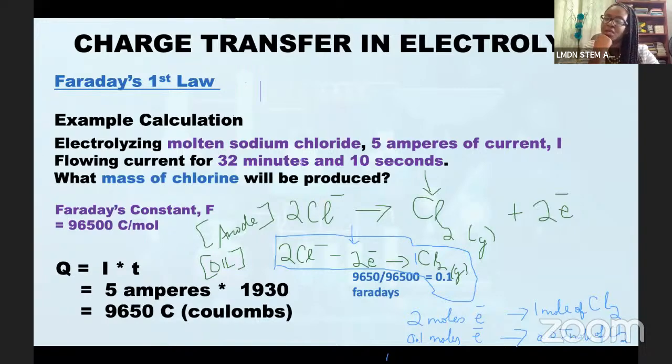So 2 moles of electrons from the balanced equation will give us 1 mole of chlorine, right? Let's bring it down to a 1 molar basis, because that's what we define the Faraday's constant and the Faraday in terms of.